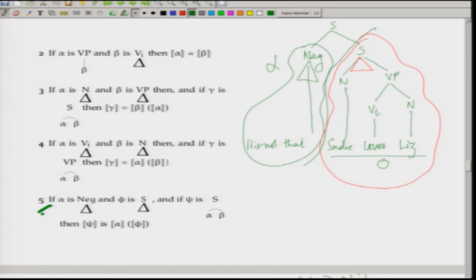In that case, if xi is S goes to alpha beta, we can see that's perfect. That is, xi is S goes to alpha beta.